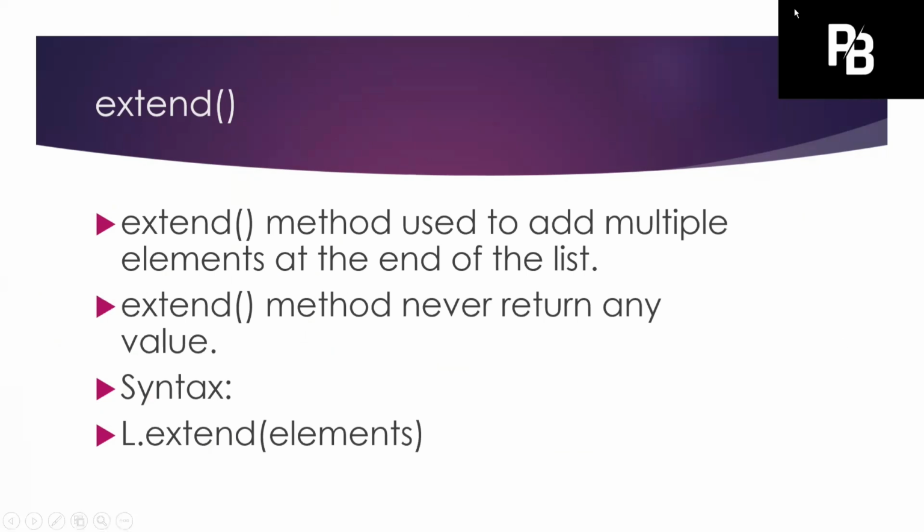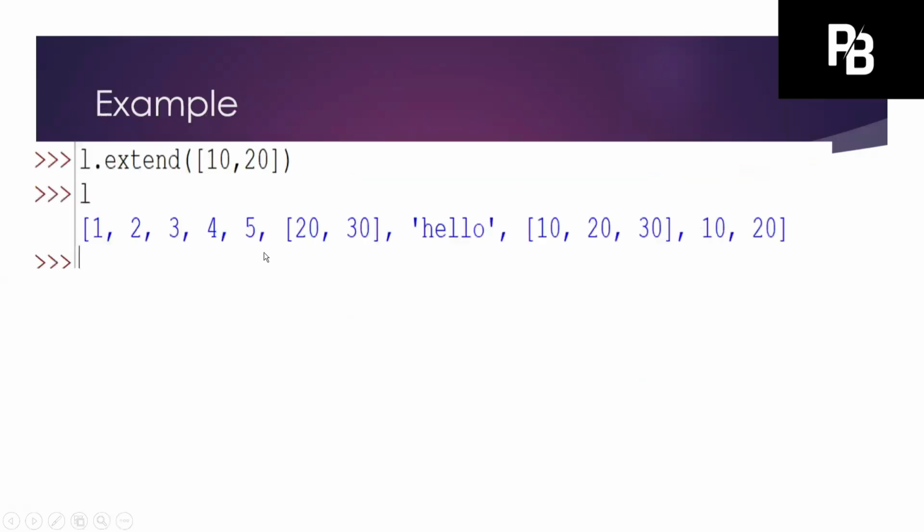Okay. Now, let's take the example. If you write L dot extend 10 comma 20, then we work on this. So this is added as separate elements, not as a list. In the same place, if I write append, that is added as one element, but here it is added as separate elements.